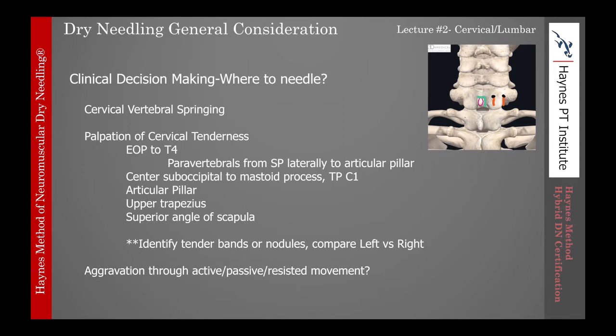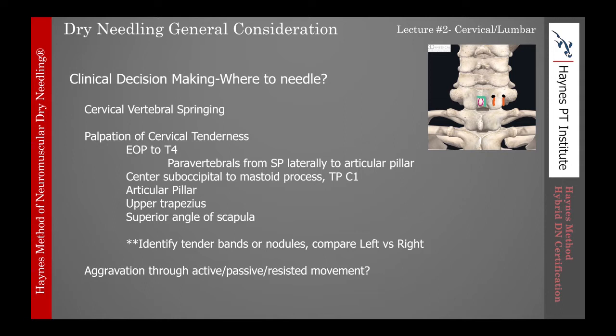As far as palpation for specific cervical tenderness, we would want to start at the external occipital protuberance, and we can take that all the way down to T4. And here we're going to look at the paravertebrals on both sides, and we can palpate that muscle belly from the spinous processes laterally all the way to the articular pillar.